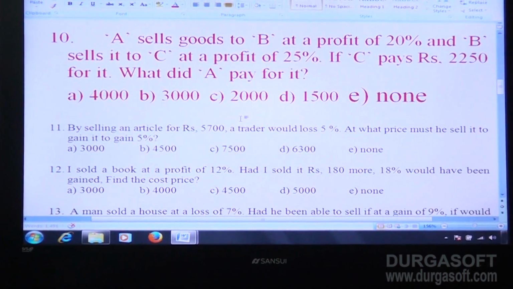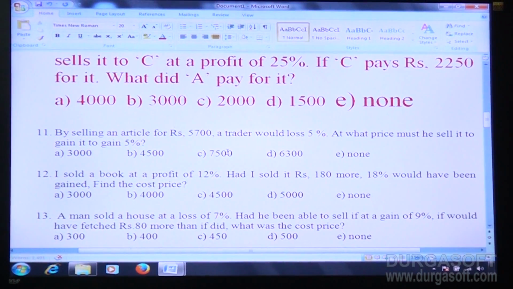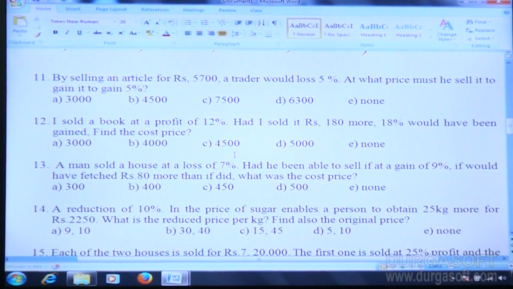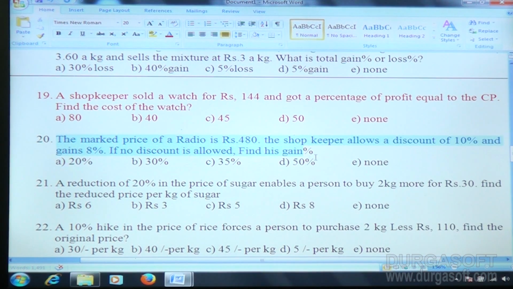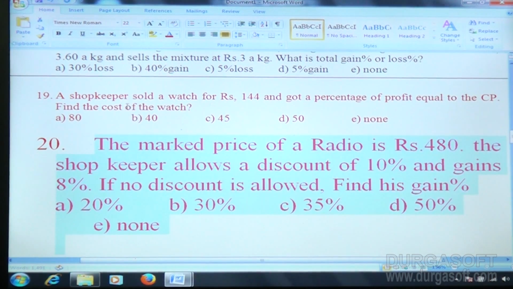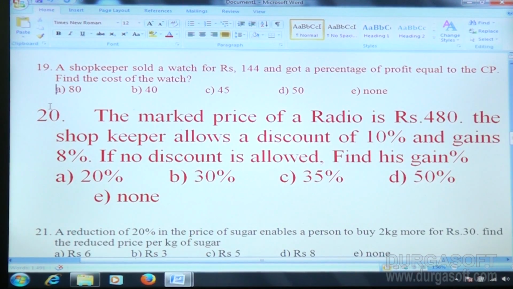Right? Now take another example on a discount basis. Look at this question, the 20th question particularly.